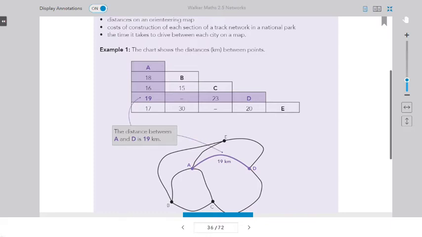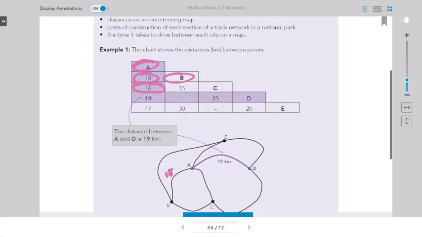So the first value is the intersection of A and what letter? Anybody? You betcha. So this one is the intersection of A and B. So the line from A and B has a value of 18.